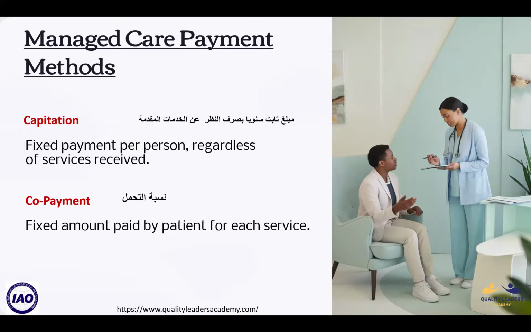But when I pay 100, irrespective of whether I go once or 10 times, I should not abuse the system, right? If the insurance asks me to pay $10 for every visit, I will make use of that visit judiciously. I'll go to the hospital only if required. Okay, I hope you got why these capitation and co-payment methods were introduced.